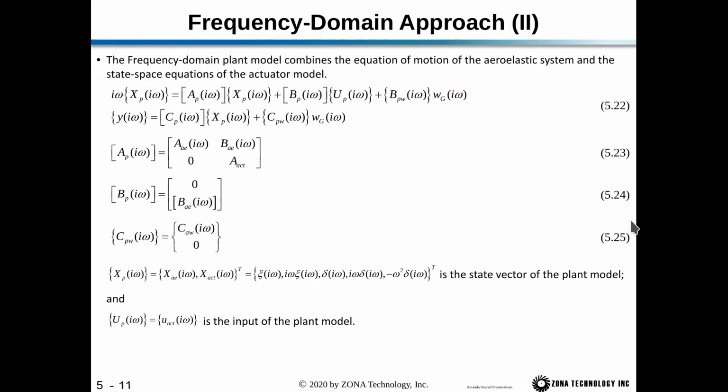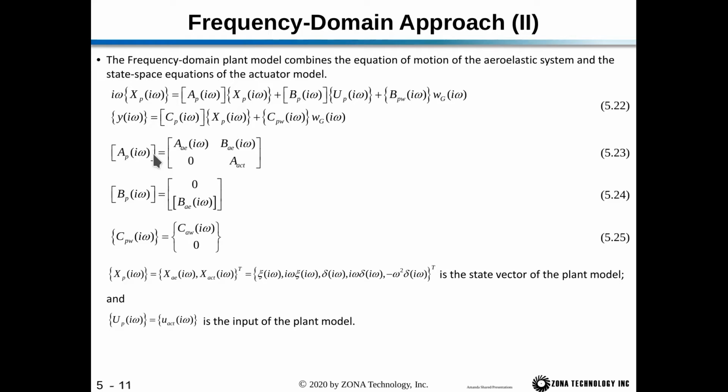Continuing, the frequency domain plant model combines the equation of motion of the aeroelastic system and the state space equations of the actuator model. So in equation 5.22, we now have our new subscripts P denoting the plant model. So this is a combination of the aeroelastic model, AAE, and A actuator, our actuator matrix.